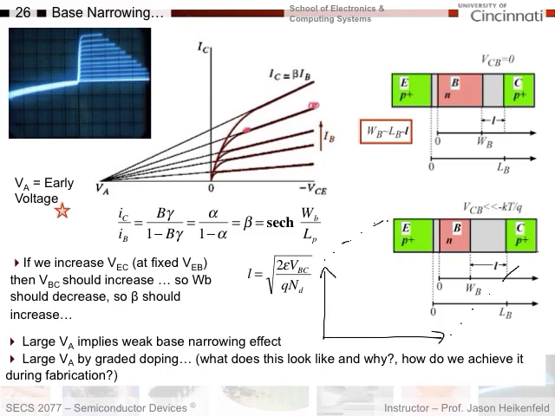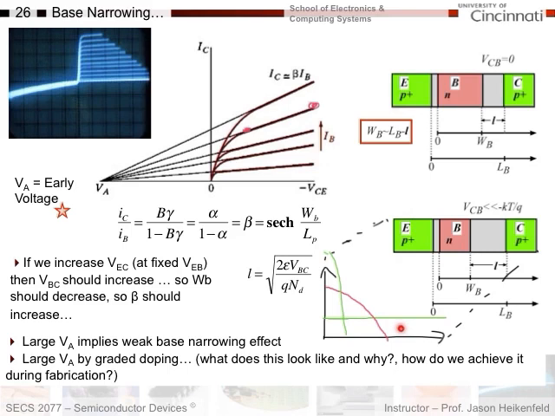I would start with a background concentration, normally that's like this, right? And then I diffuse in my n-type concentration, and then I diffuse in an even higher concentration of holes, which gives me my emitter, okay? So here's my emitter region, here's my base region, and here's my collector region.